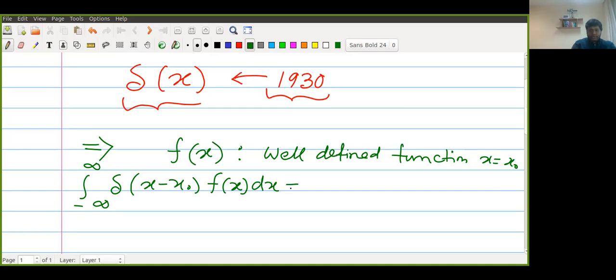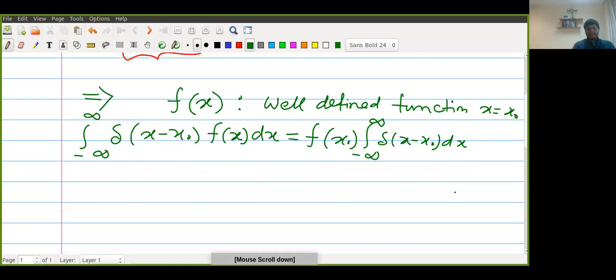When we calculate this integral, the value will be f of x naught, and it equals f of x naught times the integral of delta of x minus x naught dx. So what is implied?